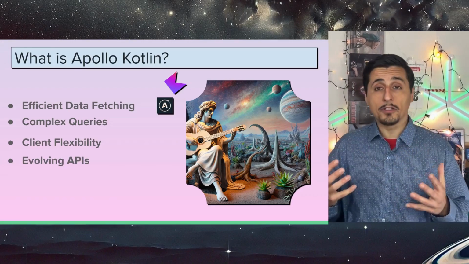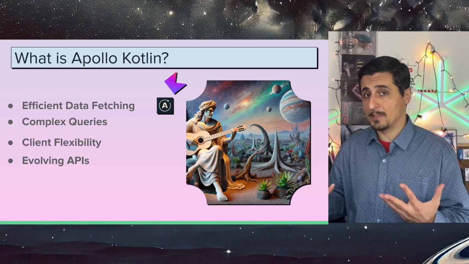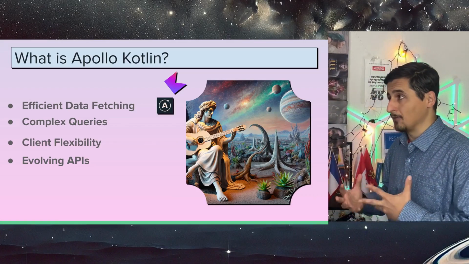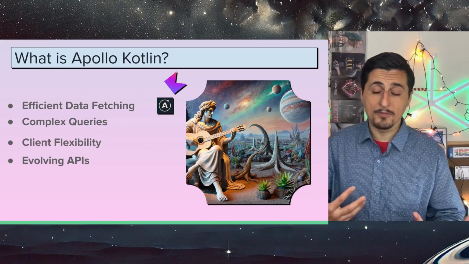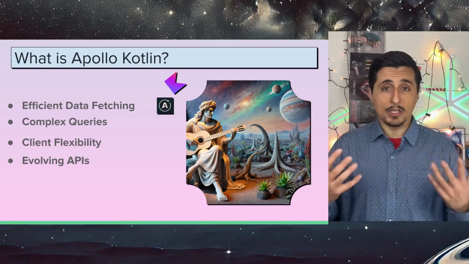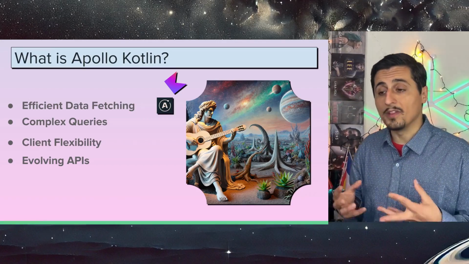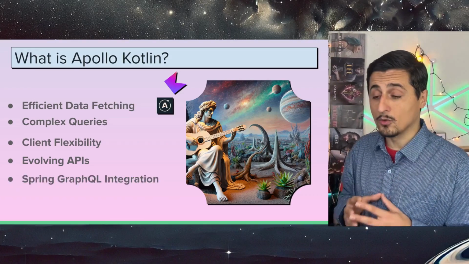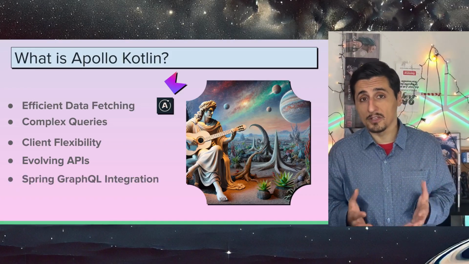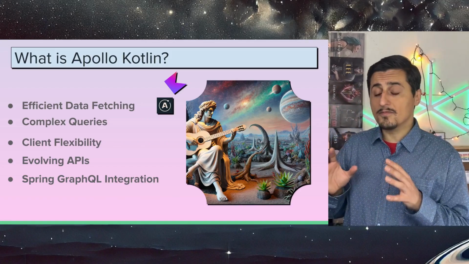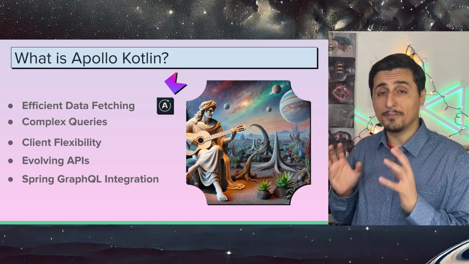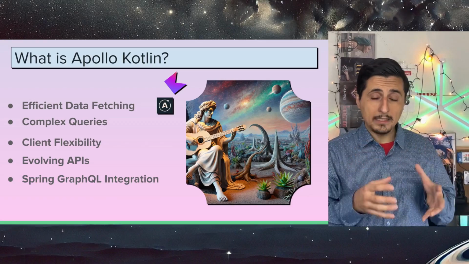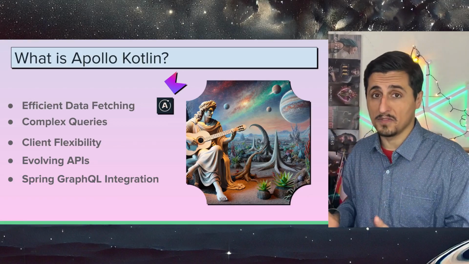It is very good when we have evolving APIs. What that means is if we get different requirements, as we have spoken before, it can evolve very gracefully with those changes without the need for major refactorings in our code. It provides great integration with Spring GraphQL services. The reason for saying this is that by default, Apollo is readily configured to work with these services.